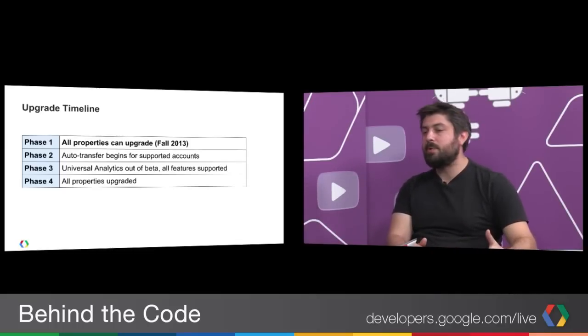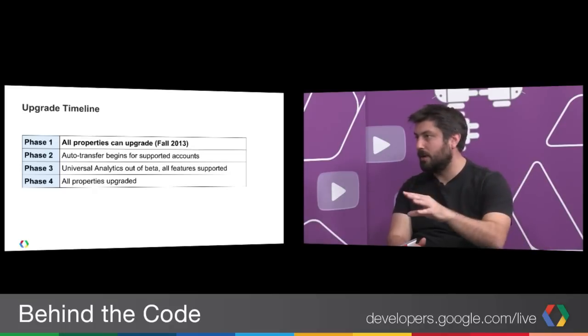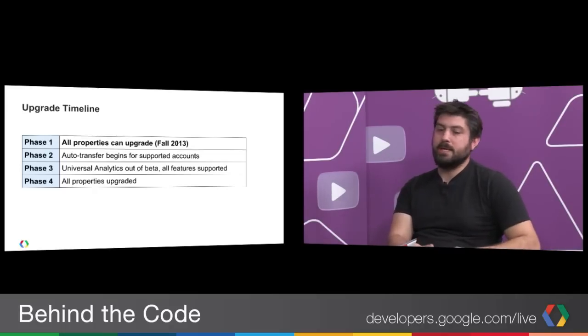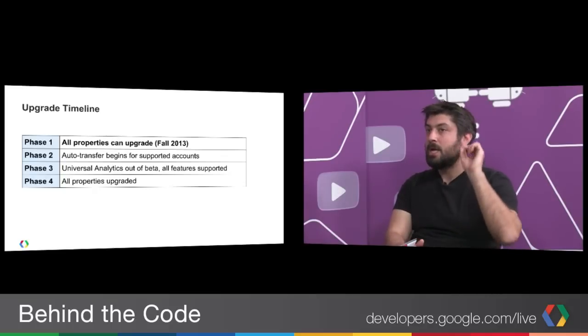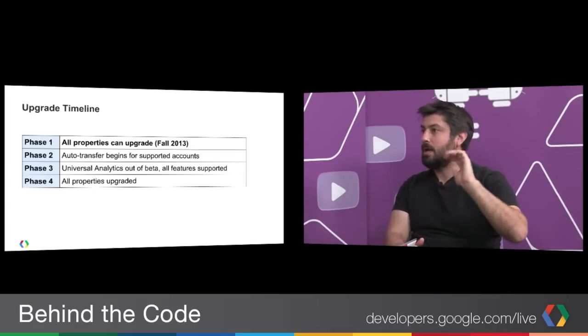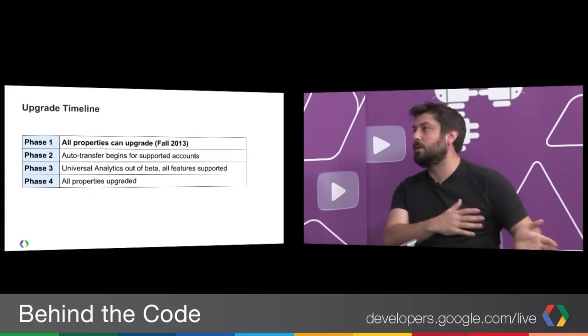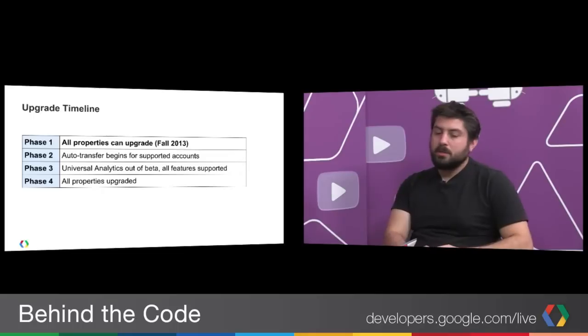Phase 2 is that we realize many people won't go through the step 1 transferring. So what we plan to do is to start auto transferring properties from Classic to Universal Analytics. What that means is instead of the end users going into the interface and admin tool and transferring, we'll manually go in and set that bit for them. And then over time, their stuff will be transferred on the processing side. So when does that happen?